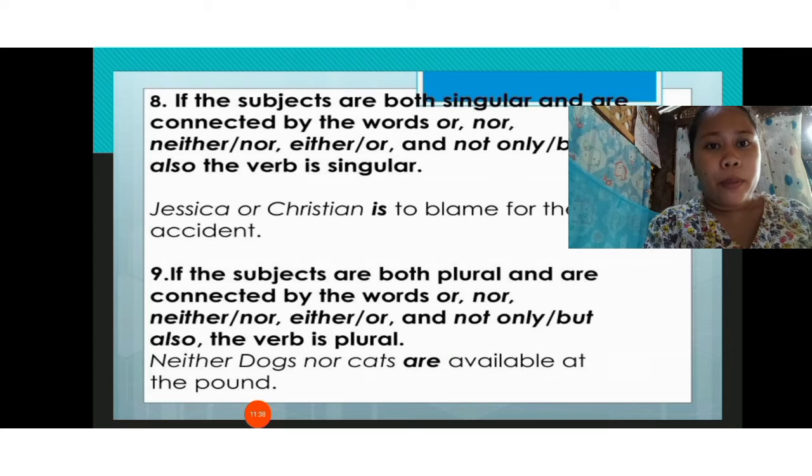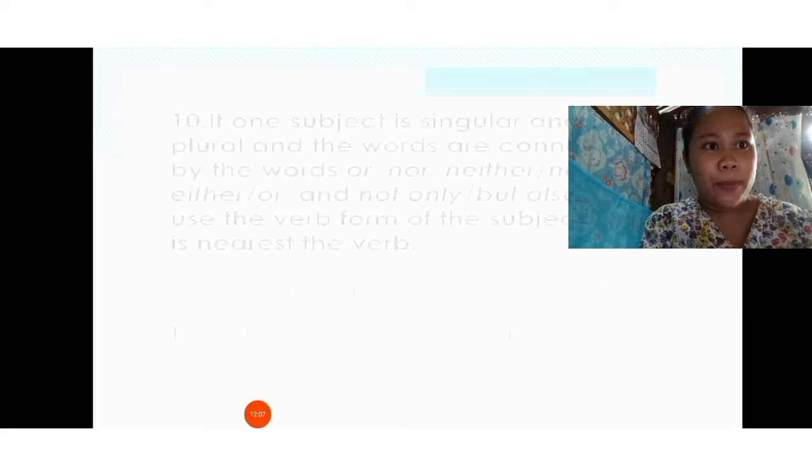For example, neither dogs nor cats are available at the pond. So we have subjects here, dogs, which is plural, and we also have cats, which is also plural. So the rule is we are going to use plural form of the verb if these subjects are connected by the words or, nor, neither, nor, either, or, and not only but also. So let's proceed.